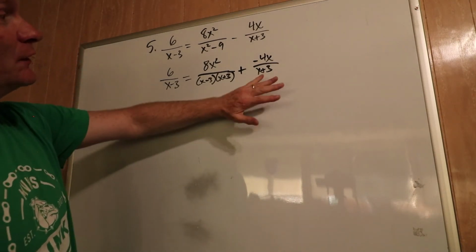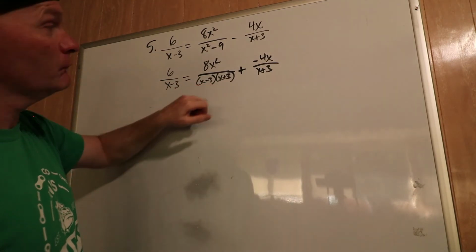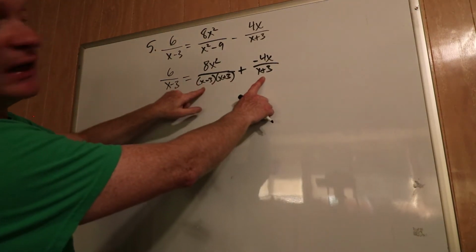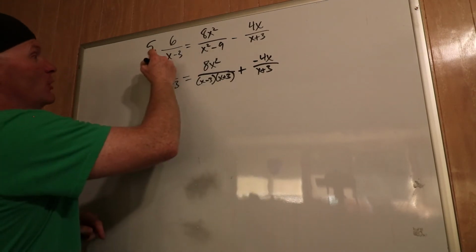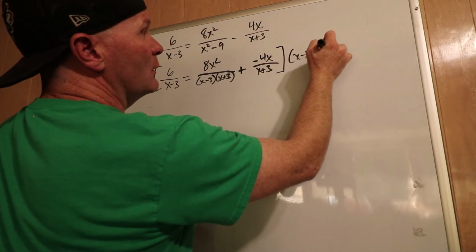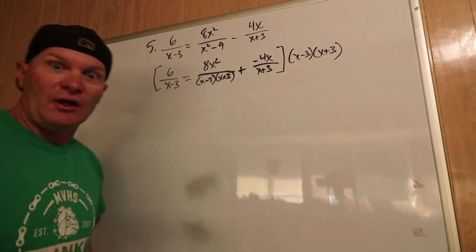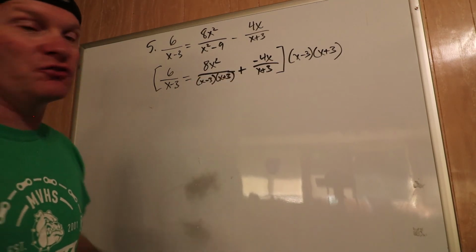Okay, so now if we look at this, the biggest common factor actually is just this. Okay, because this is missing the x minus 3, this is missing the x plus 3. So if we multiply everything by x minus 3 times x plus 3, we're going to cancel out all the denominators. That's the idea, is to get rid of fractions so that we can just solve it regular.